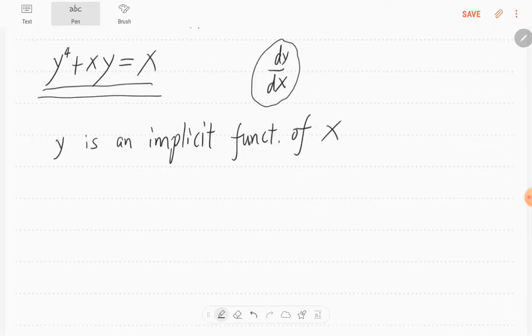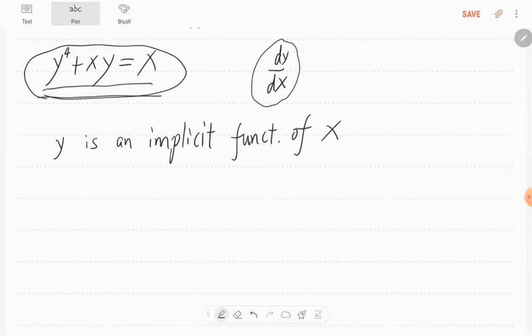That means there is no explicit form for y in terms of x. However, we know y must be a certain function of x. For different x, you will have different y values. So y is a certain function of x, but we just don't know the explicit formula. So we say y is an implicit function of x.